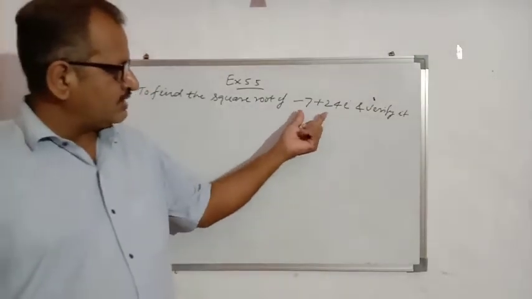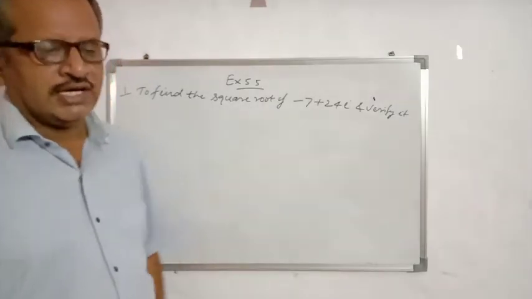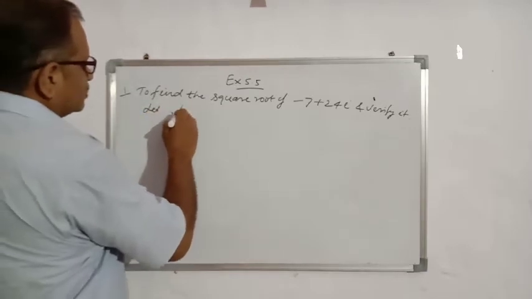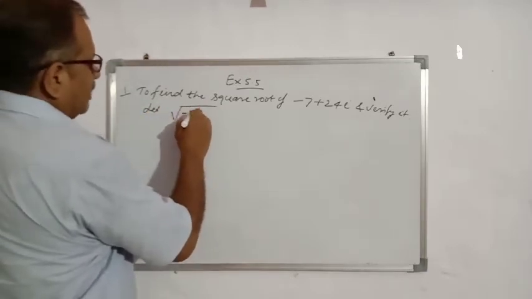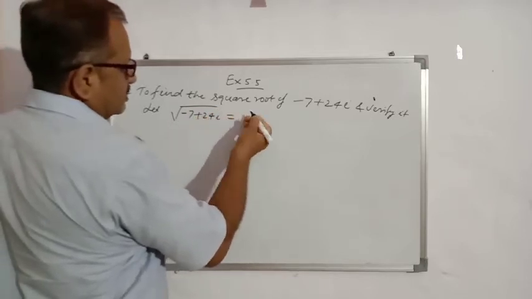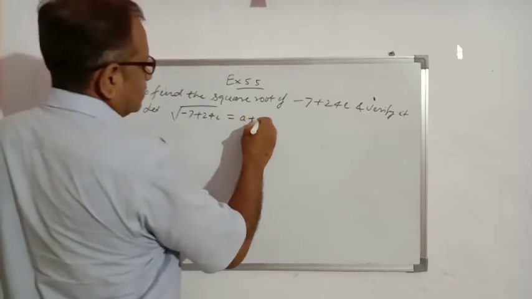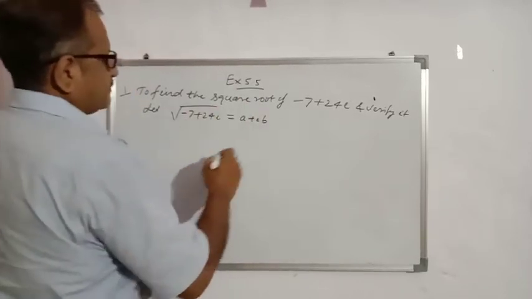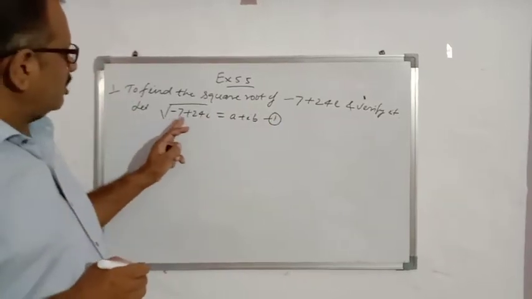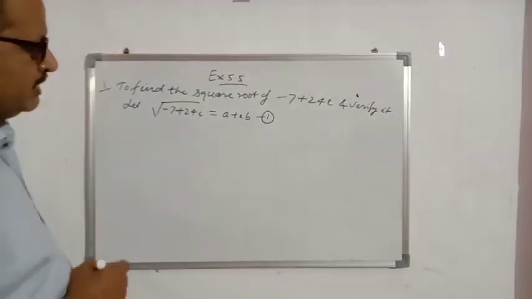We will suppose let the square root of this be a plus ib or x plus iy. So let the square root of minus 7 plus 24i be equal to a plus ib.